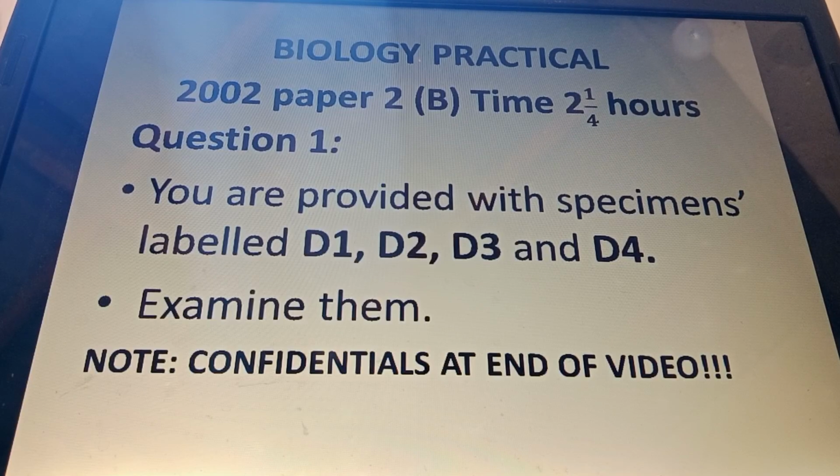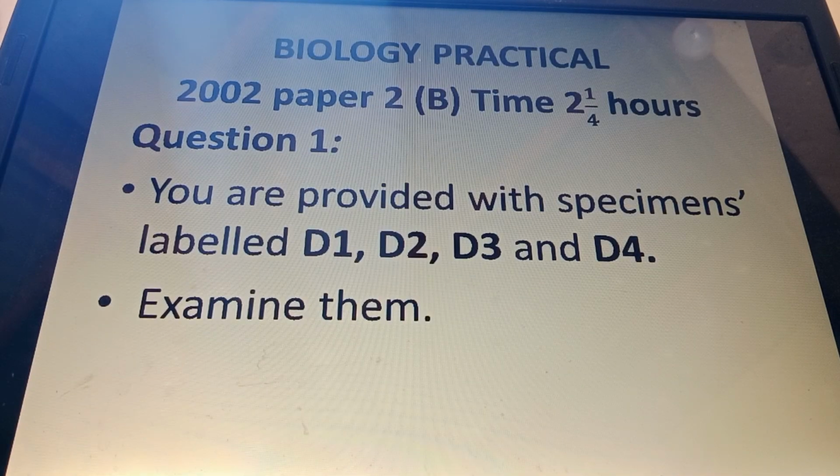Confidentials are not at the end of the video, but they are in another video which you can always search from smart underscore memos. So I've just made a correction there. So question 1, you are provided with specimens labeled D1, D2, D3, D4. So go to the video on confidentials and you see what the D1, D2, D3, D4 is and examine them.